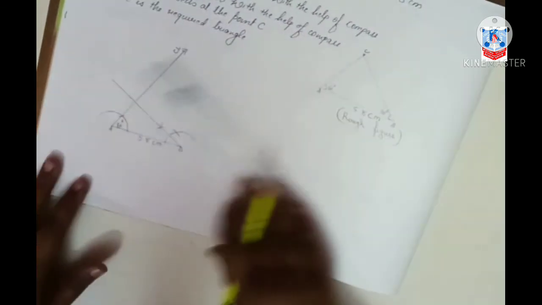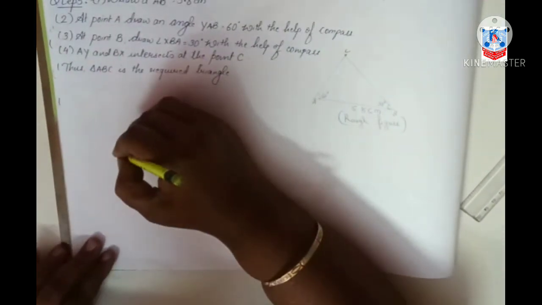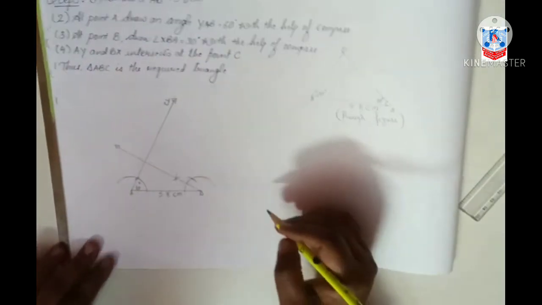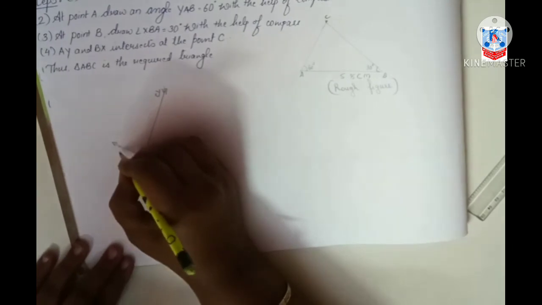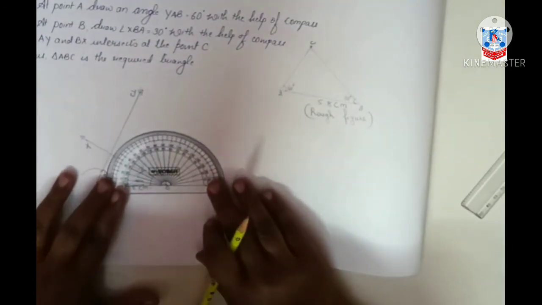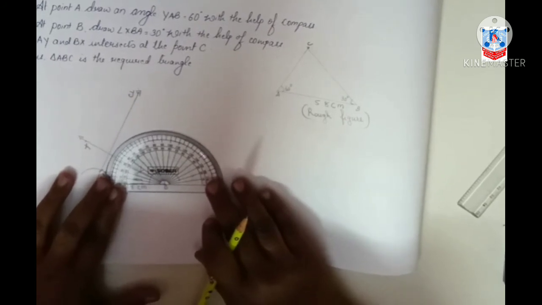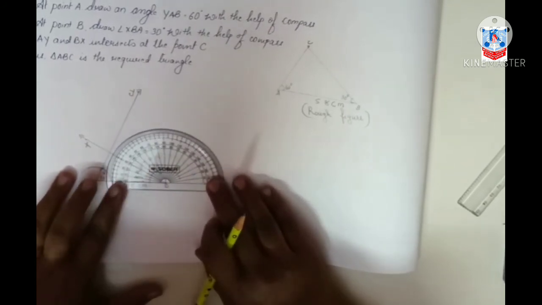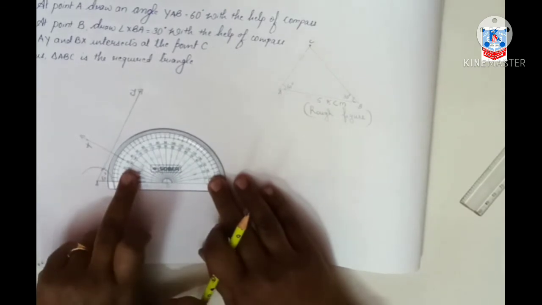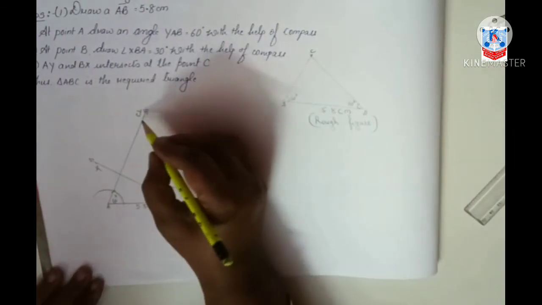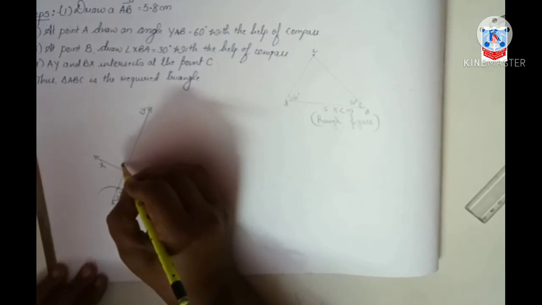Like this way, okay, and give this name as X. Now first let us check whether it is 30 degree or not. Now see, this is 30 degree. Now the point of intersection of YA and XB, we name it as C.